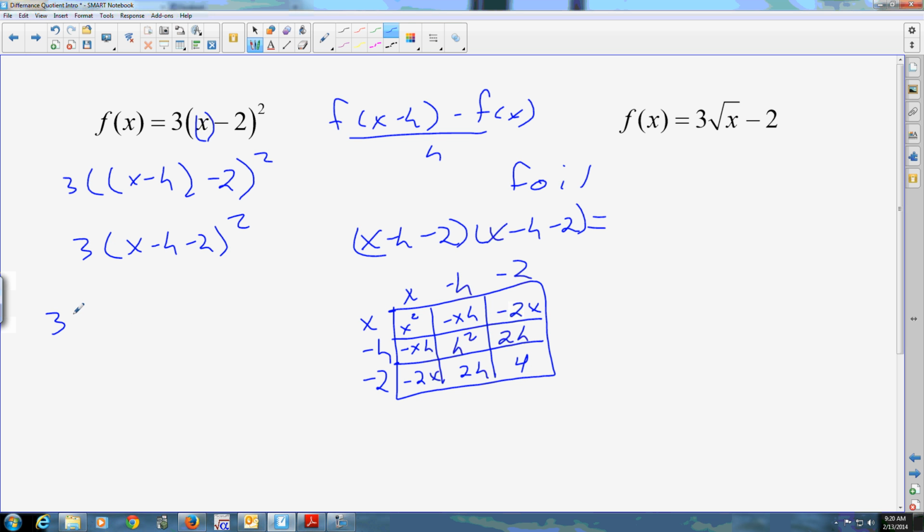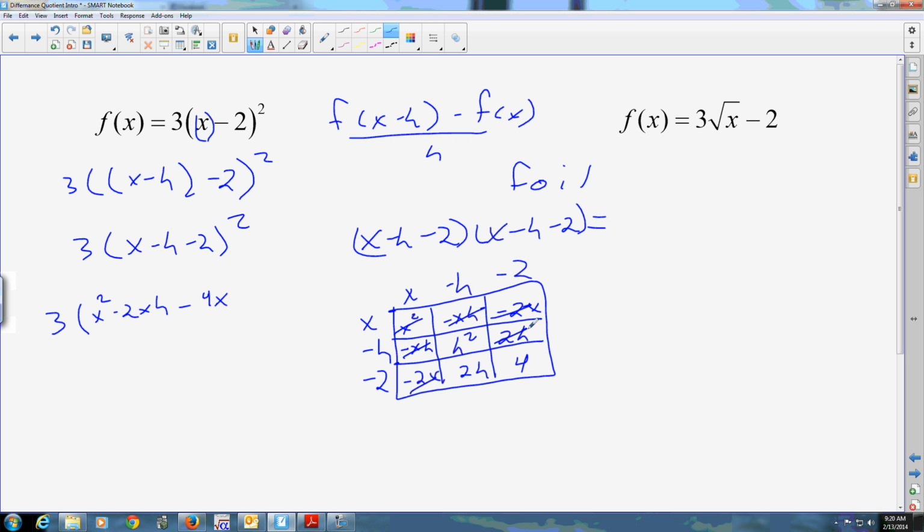You've got the 3 still out front. So I've got an x squared, a minus 2xh, then this is gone, this is gone, a minus 4x. Oops, and that's gone.